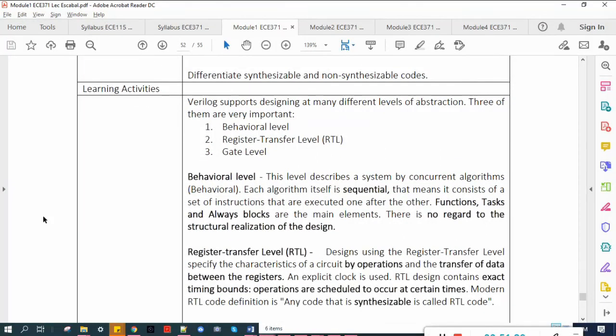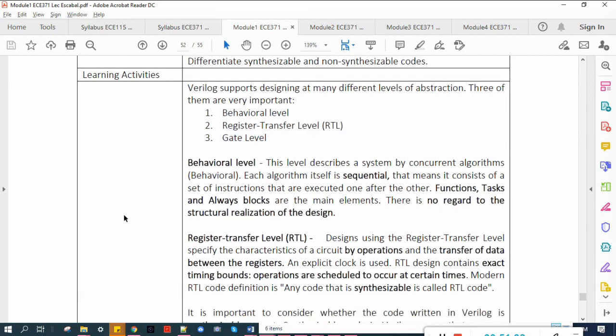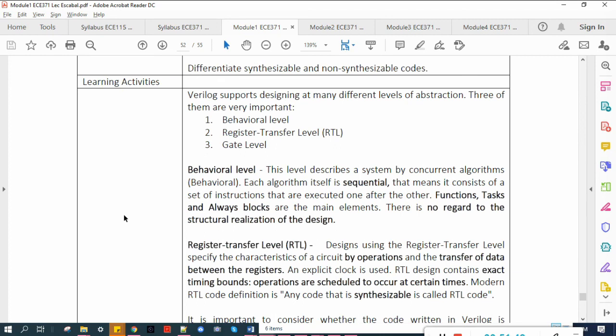But digital designers, RTL designers, use behavioral level and RTL level. The gate level is done automatically by the synthesis tool. Unless there are errors or problems in synthesis, then you have to look at the result and try to correct the errors in the gate level.